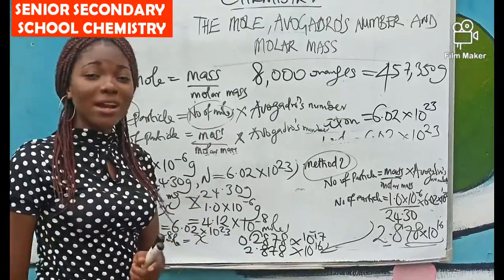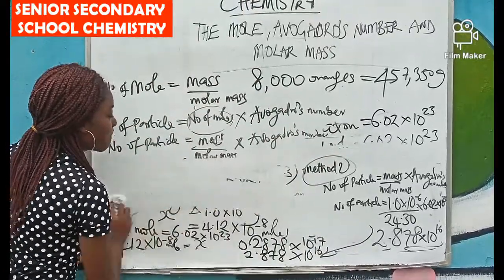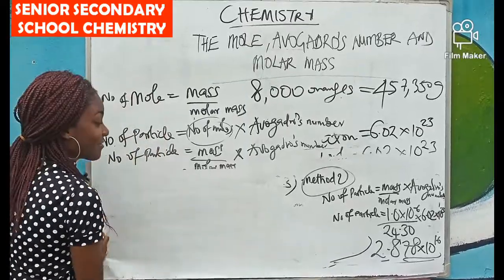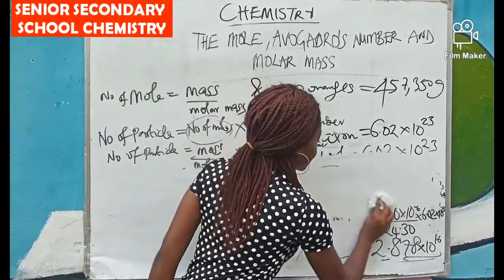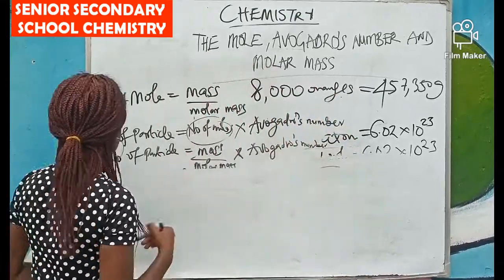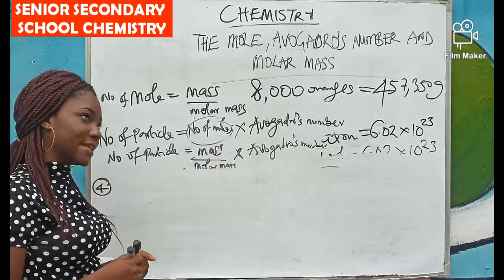I'm going to take one last question so that you guys become pros in solving Avogadro's number and finding the mole. So for this question, we're going to be using zinc.